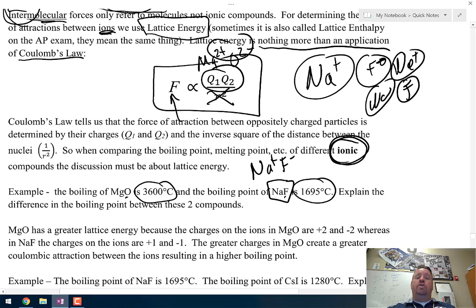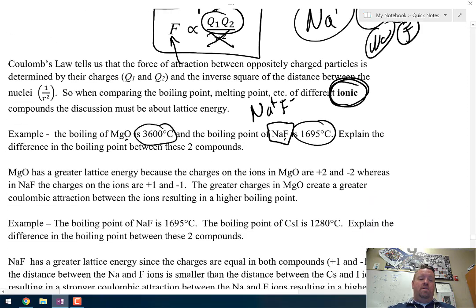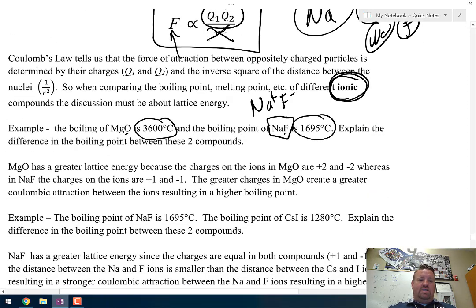Okay, on here we explain it: MgO has the greater lattice energy because the charges on the ions are +2, -2, whereas in NaF they're only +1, -1. The greater charges in MgO create a greater Coulombic attraction between the ions, resulting in a higher boiling point. That's a great way to describe it right there, a Coulombic attraction.